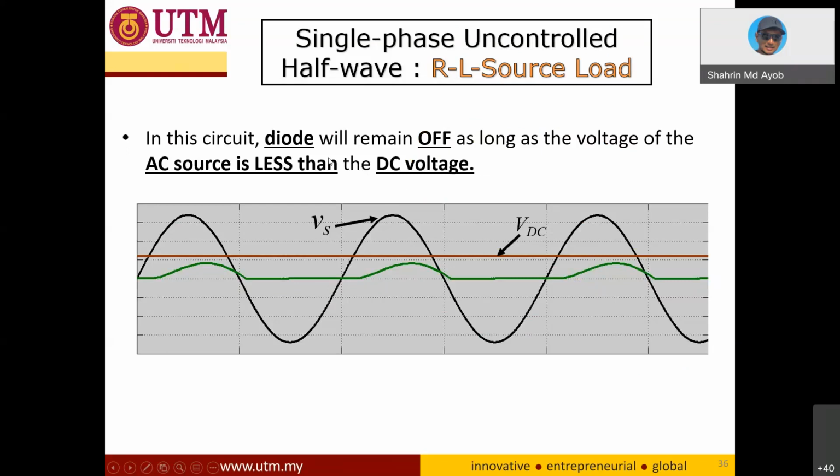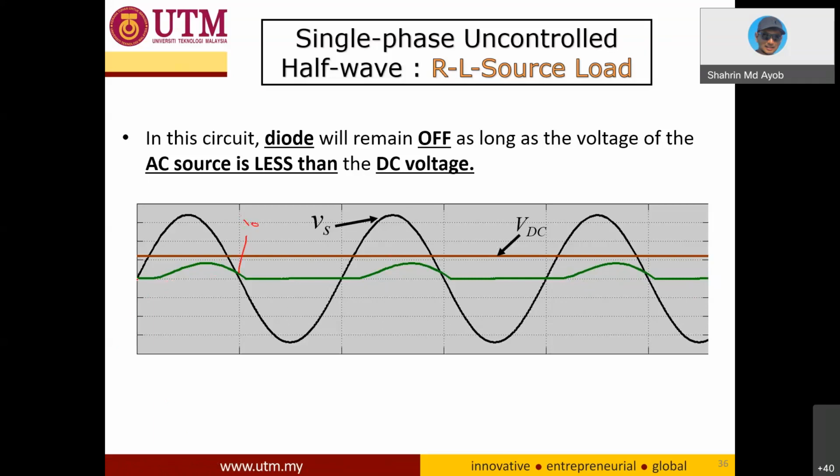Inside that circuit, the diode will remain off as long as the voltage of the AC source is less than the DC voltage. As you can see, the black color here is your AC source, and this brown color is your DC source at the load. And this is the current, your I output.